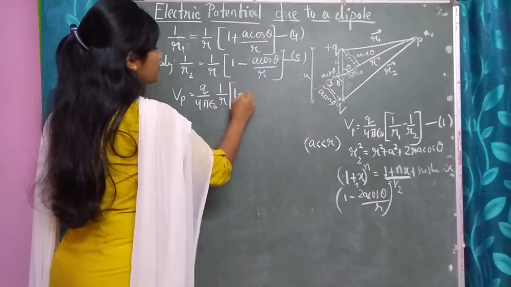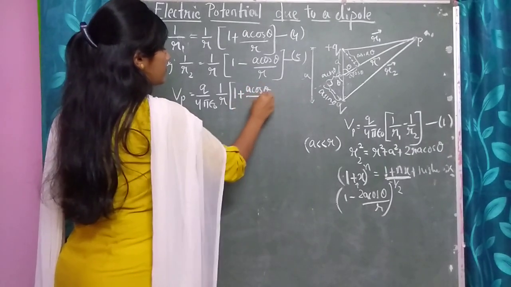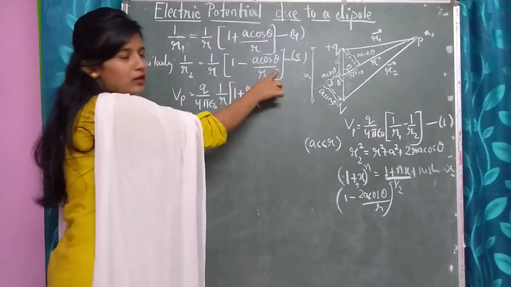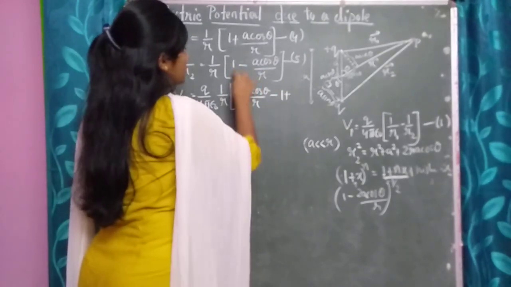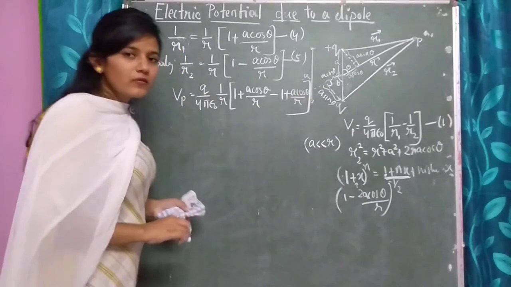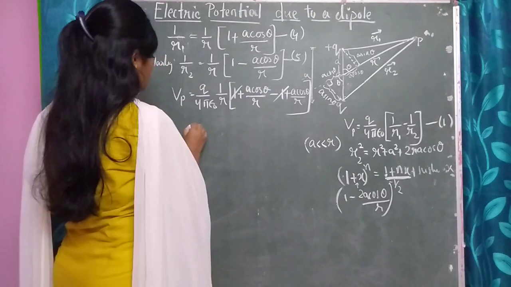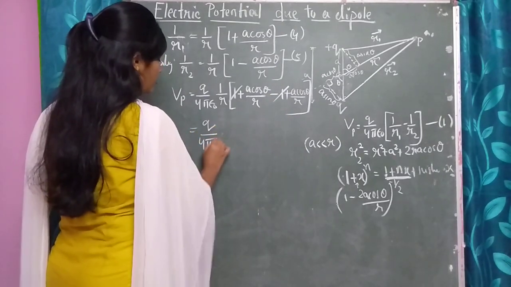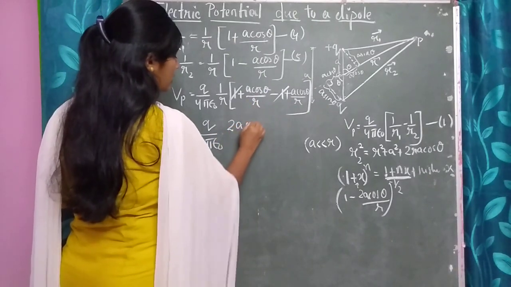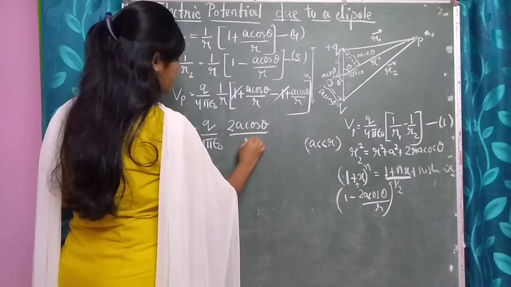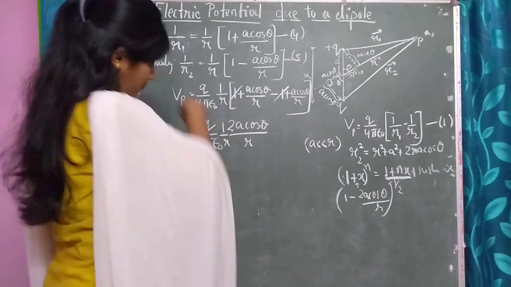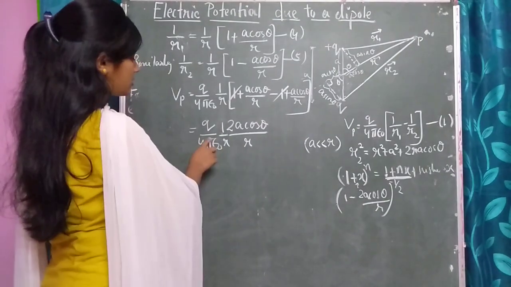Then put the value 1 plus a cos theta by R, and we have a minus here, so minus of 1 minus a cos theta by R. Now the 1s cancel and we have Q by 4 pi epsilon naught times 2a cos theta by R, and another R is here. Now I am getting the last expression.